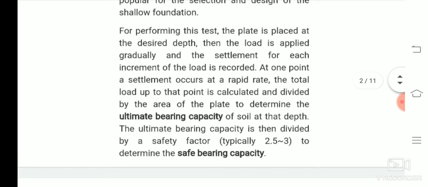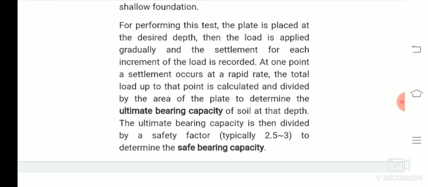At one point, the settlement occurs at a rapid rate, and the total load up to that point is calculated and divided by the area of the plate to determine the ultimate bearing capacity of soil. The ultimate bearing capacity is taken as the load at which the plate starts sinking at a rapid rate.